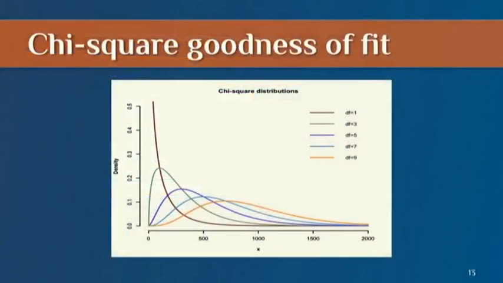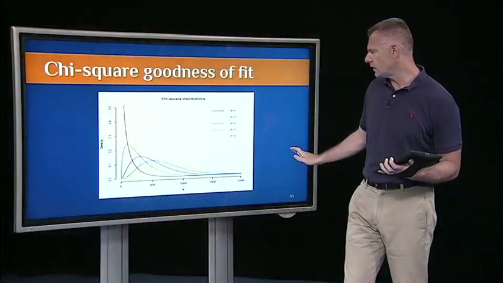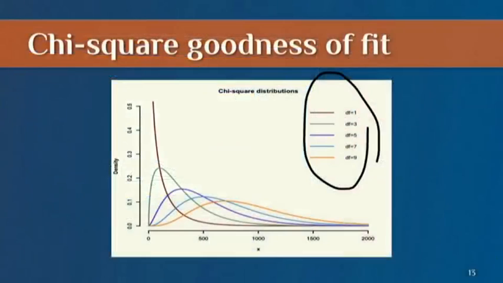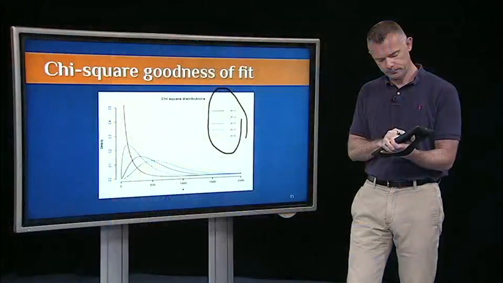Again, we're assuming that this comes from a sampling distribution, and these sampling distributions differ depending on degrees of freedom. That's what all these different curves are. The degrees of freedom here are determined by number of categories, again, number of categories minus 1.